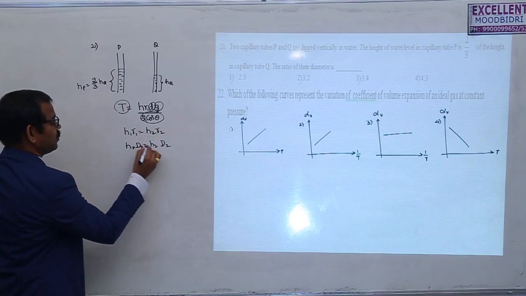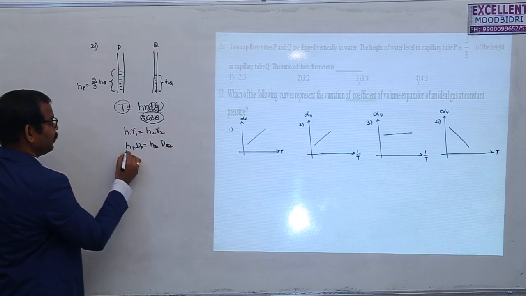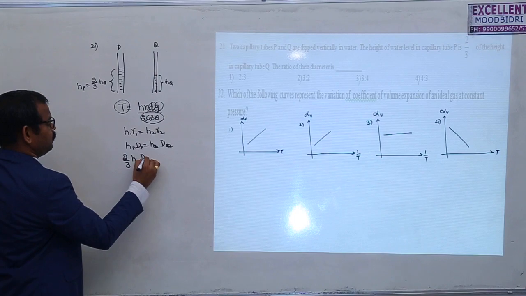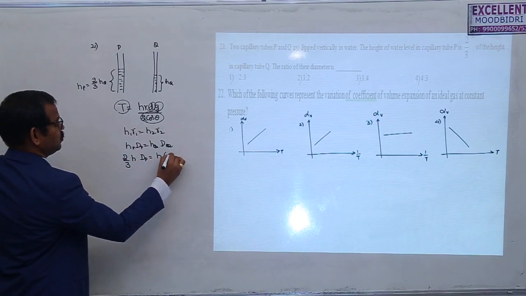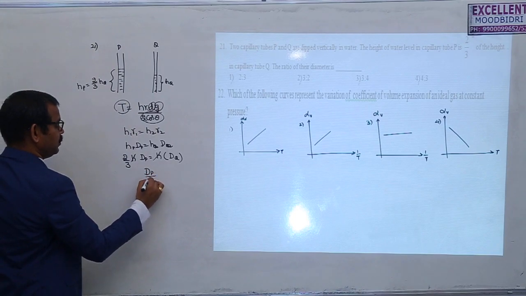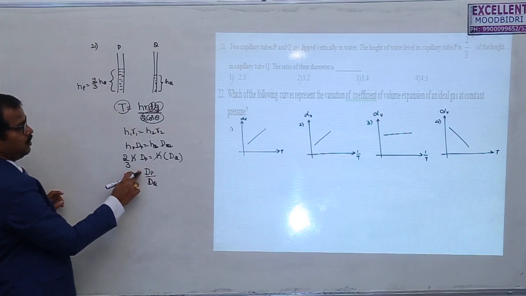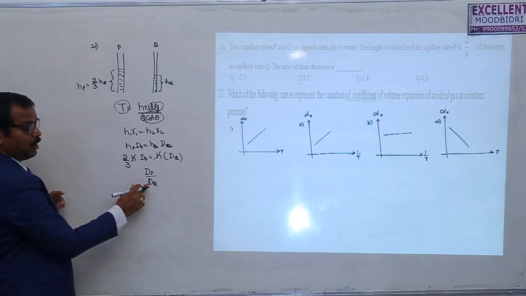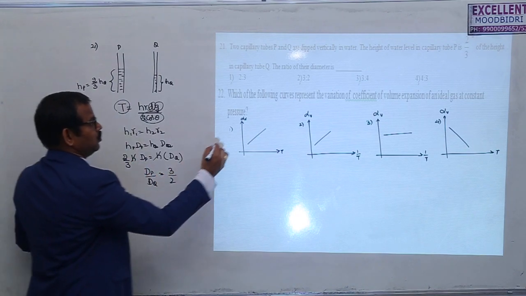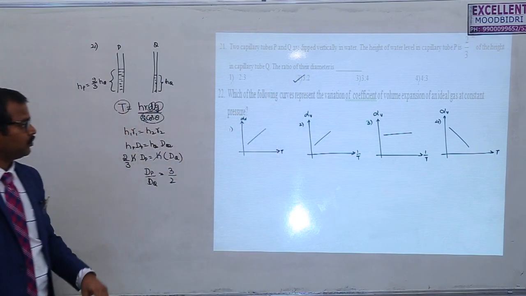Now HP is 2/3 H, so 2/3 H dP is equal to H into dQ. H and H get cancelled. So dP by dQ, the diameter of capillary tube P by the diameter of capillary tube Q, is 3/2. So option 2 is correct.